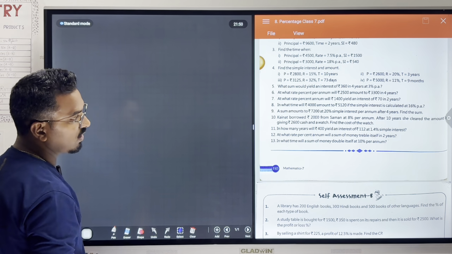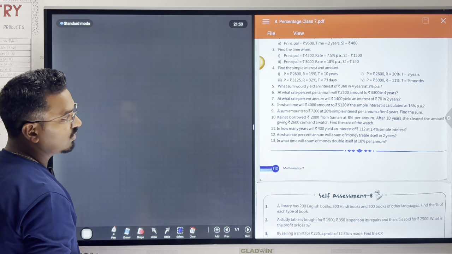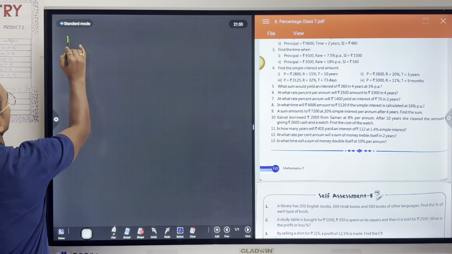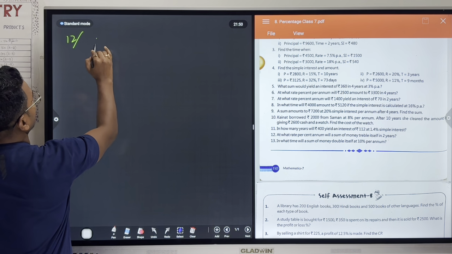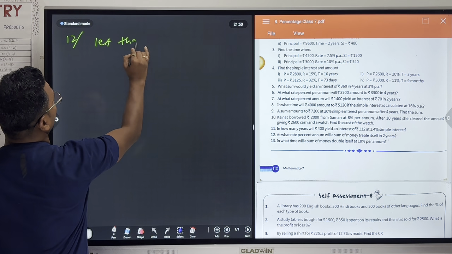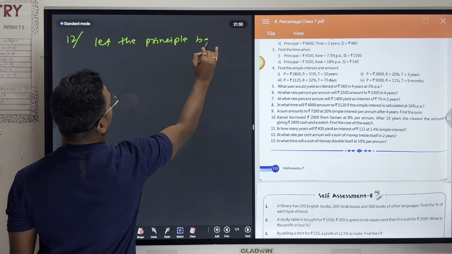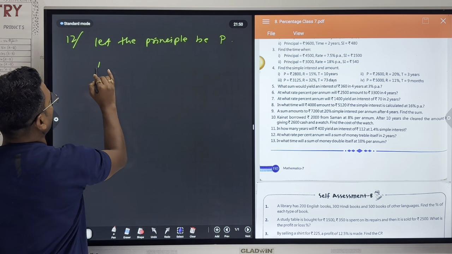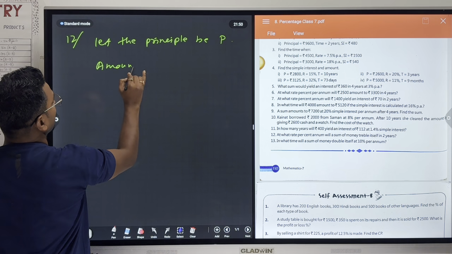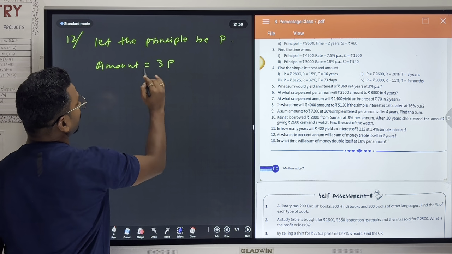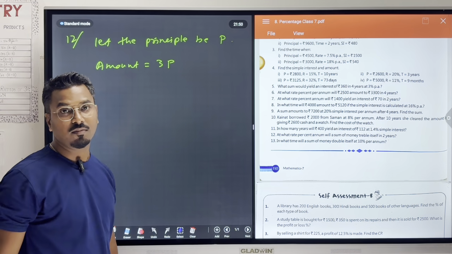So principal is not given, amount is triple. So here we will take the principal to be P. So amount will be 3P, right? It will become 3 times.